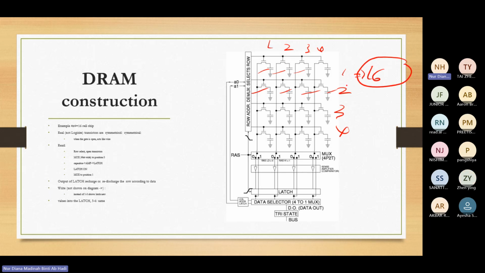It is a real transistor that is symmetrical. When your gate is open, it will act like a wire. So row select opens your transistor, your multiplexer, which is 4 bit, and it will position to 0.